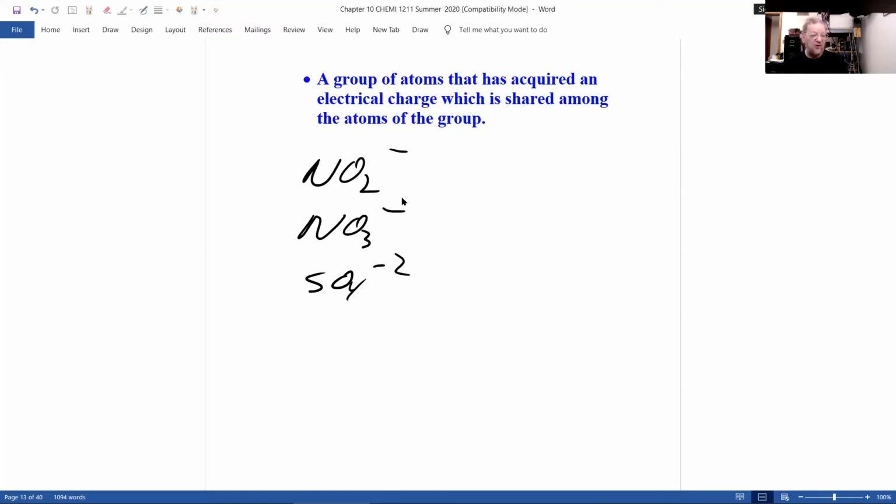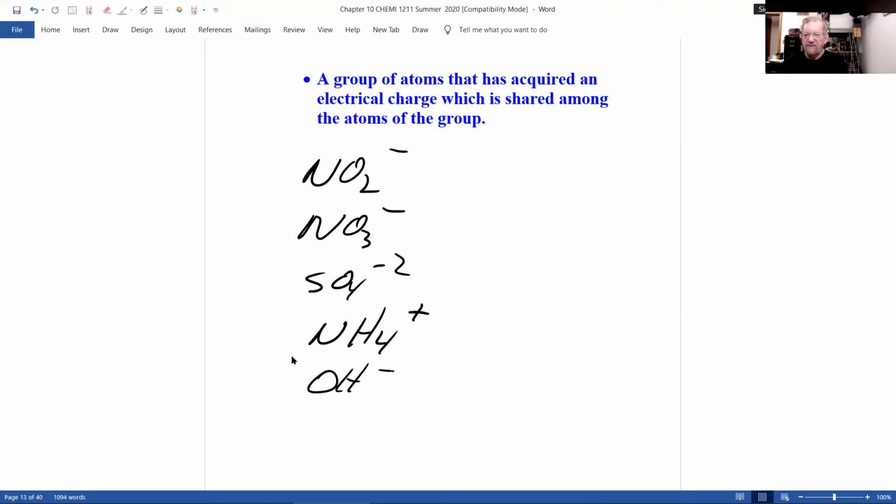And the question is, when you have this with other cations, and there are also cations, this is the ammonium cation, NH4 plus, and there are others. Hydroxide is a minus, but these are key ones.